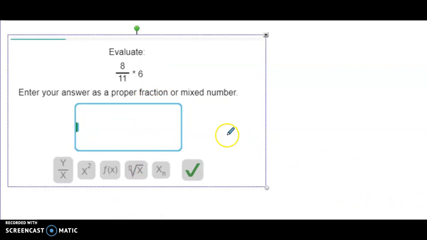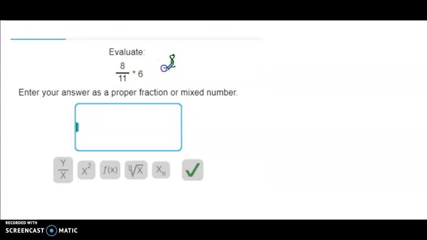Another example that might show up is a fraction times a whole number. We've talked about how we like to multiply: when we have fractions, we'd like all of the factors to look like fractions. I cannot simplify before I multiply, so this is 8 times 6 over 11 times 1, 48 over 11.